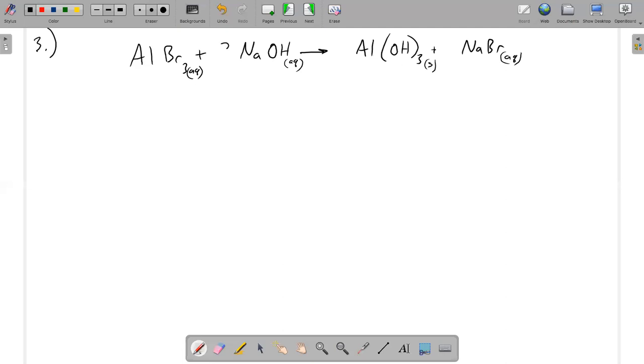So you got to have 3 in front of the sodium hydroxide, and then you put a 3 in front of the sodium bromide, and now we're okay, because you got 1 aluminum on each side, 3 bromines on each side, 3 sodiums on each side, and 3 hydroxides on each side.